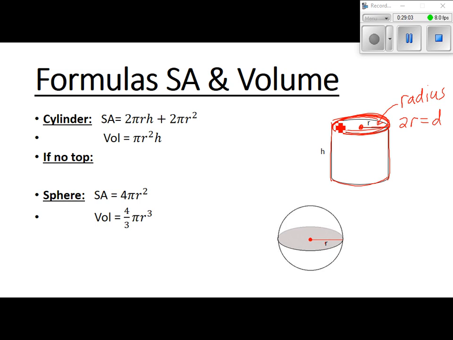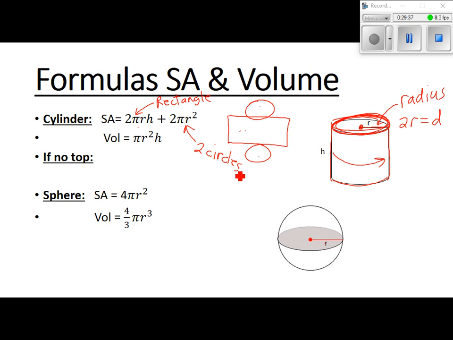Well, if we were to make a net of this, the net of a cylinder would look something like this. 2 circles, the top and the bottom, and then this space going around it is a rectangle. This is the rectangular part. That's the area of the rectangle. This part is the area of the 2 circles.